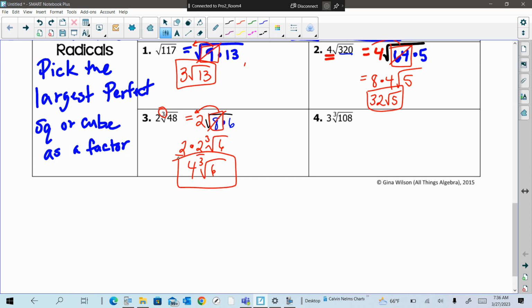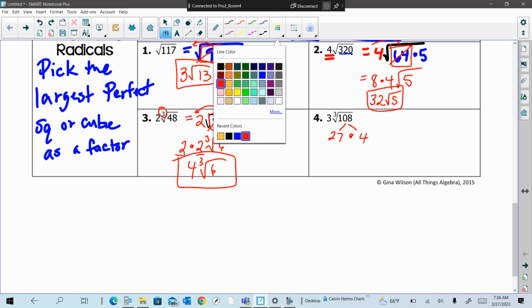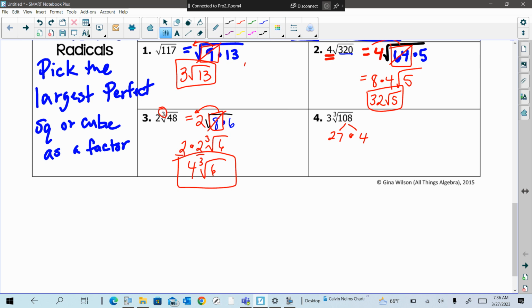So another way people do it sometimes is they do a factor tree, a prime factorization. So I want a perfect cube that goes into 108. That's saying 27 times 4. So you're going to take the cube root of that 27.